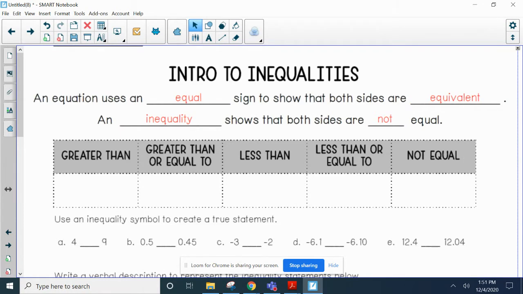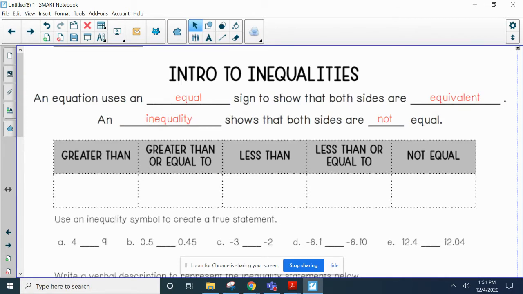So an inequality is actually very similar to an equation when we are solving it. I know we're just getting into it, so today we're going to talk about some inequalities, but when you're solving them, it'll be very much like equations. So we shouldn't be adding too much.